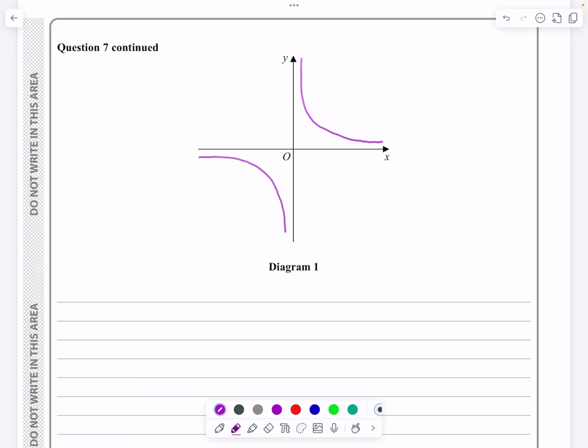You can draw what looks the same as y equals 1 over x, because the 6 would just be a multiplier which would just stretch it, but as we've got no points of reference here, 6 over x and 1 over x for the basic shape look exactly the same as each other. So part A done.